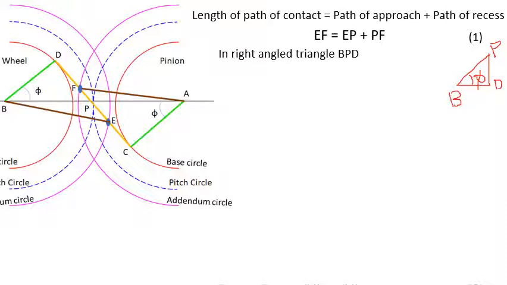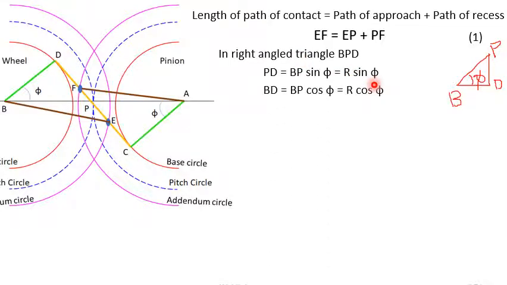So I want the side PD. PD is the opposite side, therefore we can write this one as BP into sine phi. BP is nothing but the pitch circle radius of the wheel. Therefore, in place of BP, we can write capital R into sine phi.